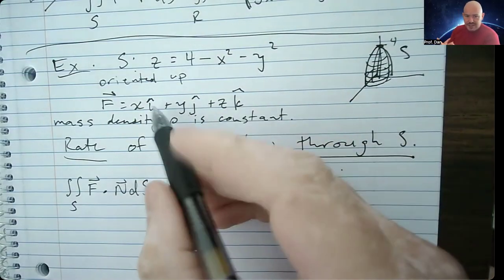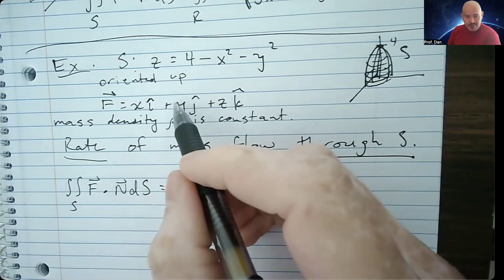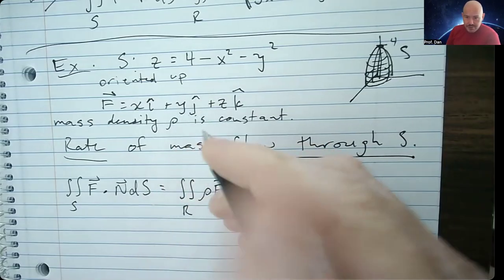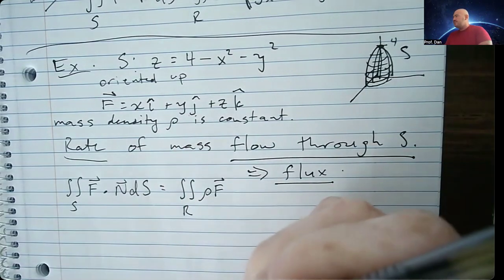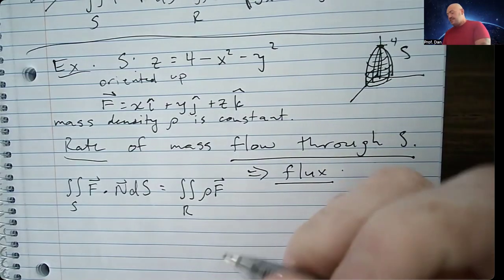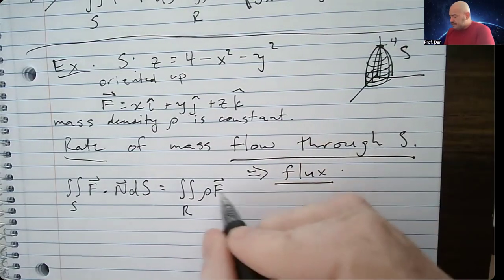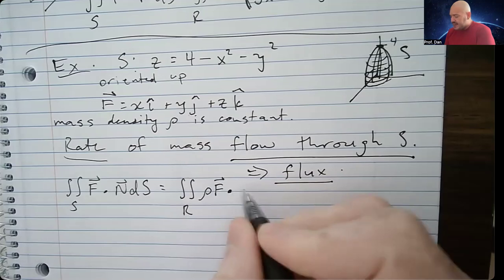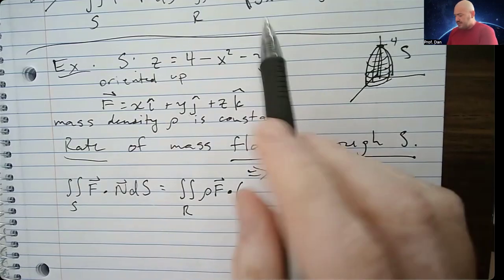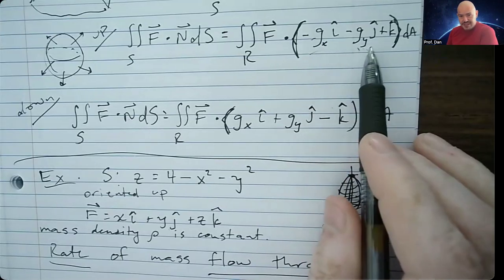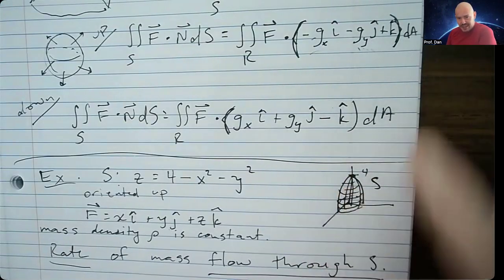So it's kind of like saying rho xi plus rho yj plus rho zk. Anyway, we're taking the dot product of that with negative g_x i minus g_y j plus k.